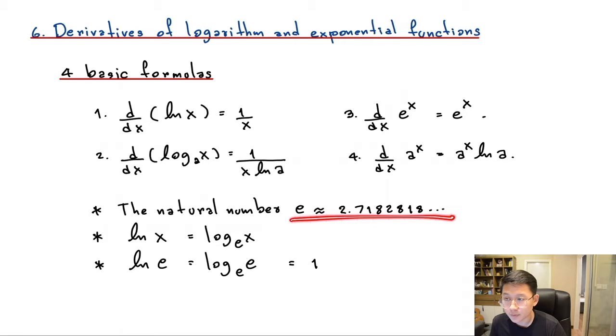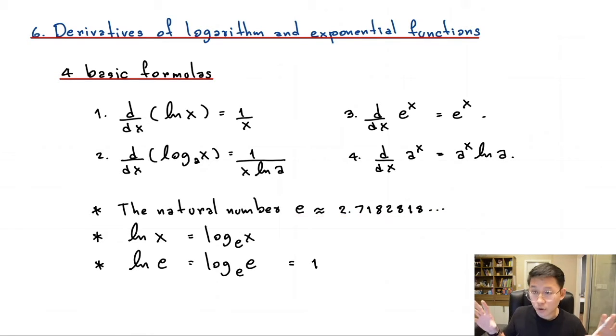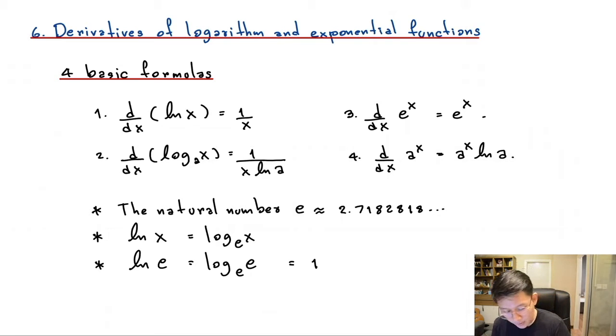At the university level, we usually use the logarithm base e, where e is 2.718 and so on. So when I say log x, I mean log of x base e.